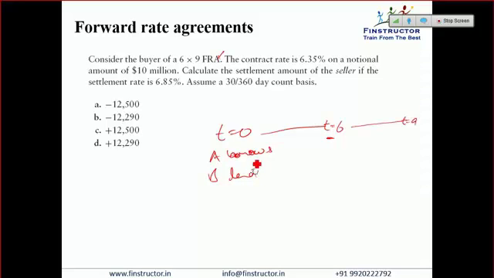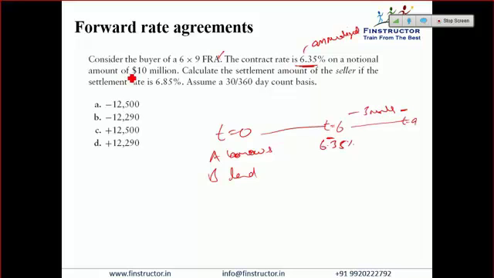And that borrowing and lending will happen at what rate? The contract rate is 6.35%. Please note, rates will always be annualized. So the rate is 6.35% for a period of 3 months. 6 into 9 means 3 months is what the borrowing or lending will happen for.